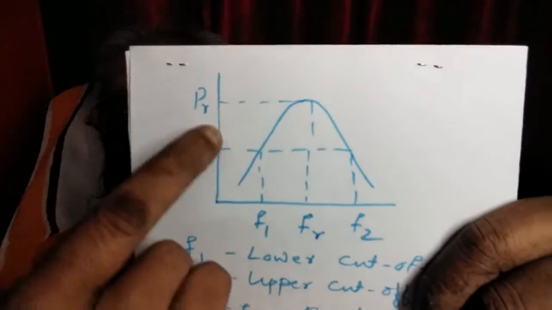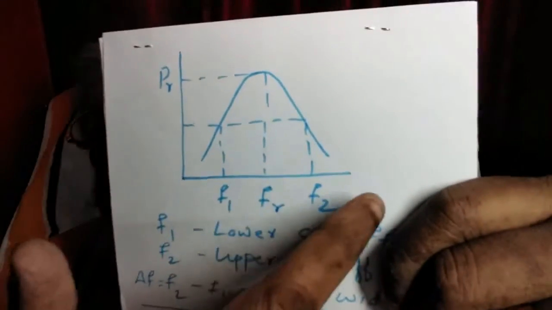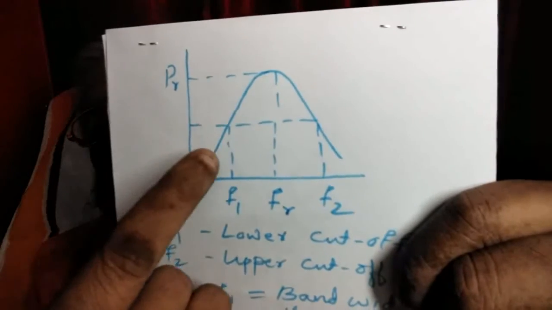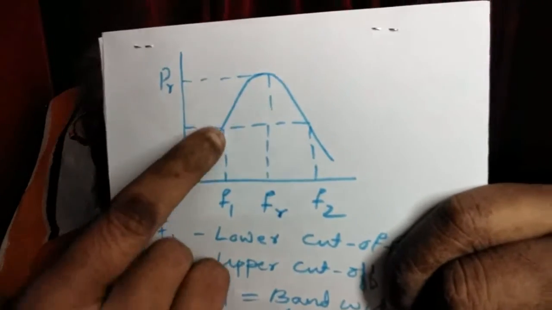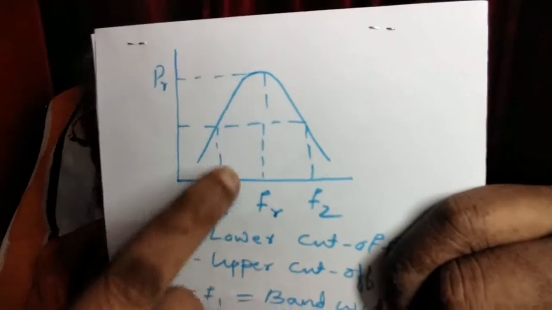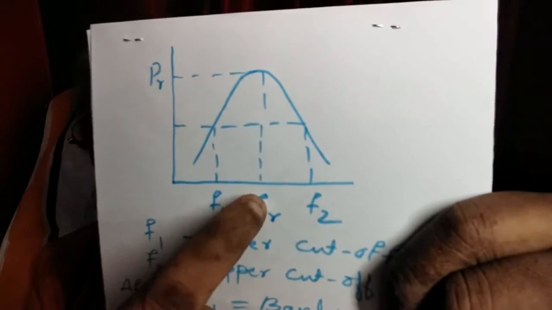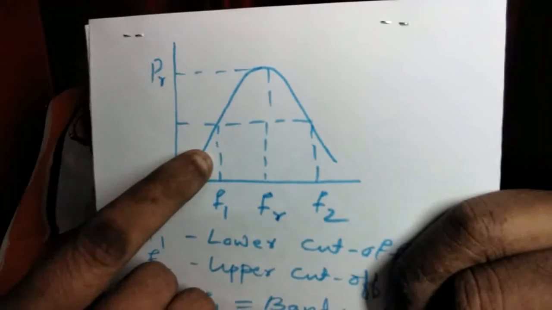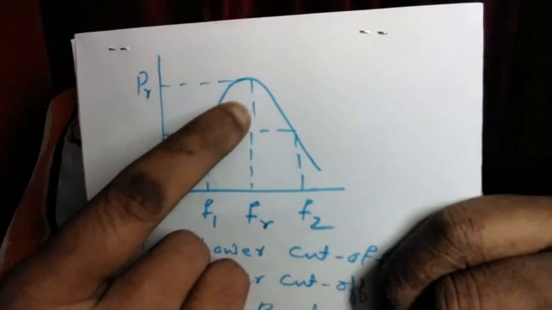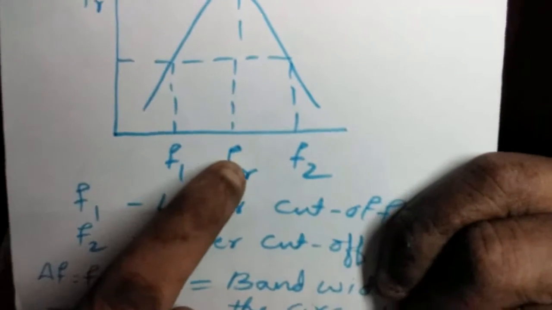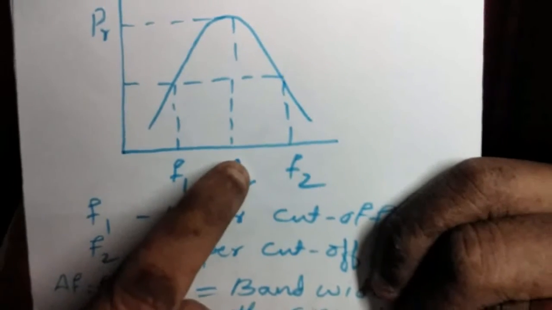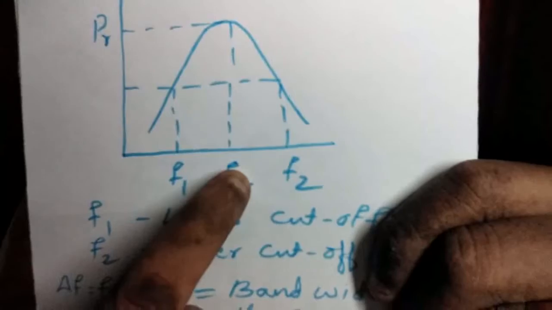See this graph. This is the graph between power and frequency. The graph has a shape similar to that of the current frequency graph. Now at resonance, power is maximum, and that is at resonant frequency FR equals 1 by 2 pi root of LC.